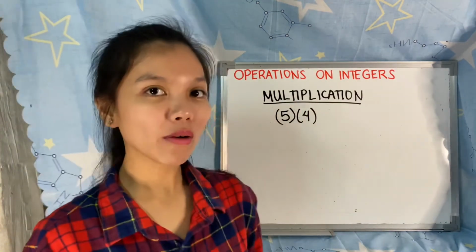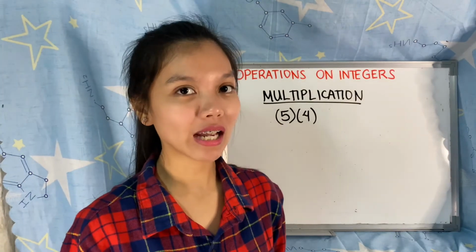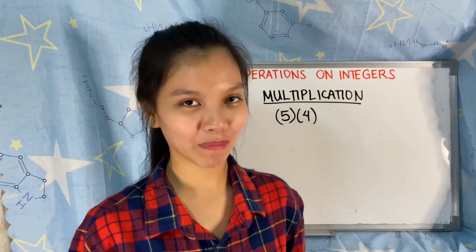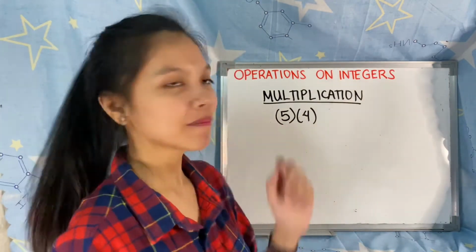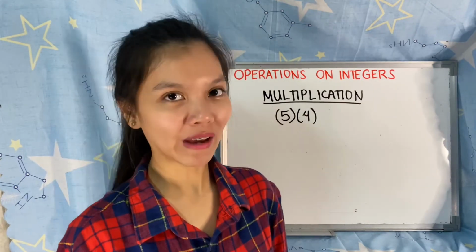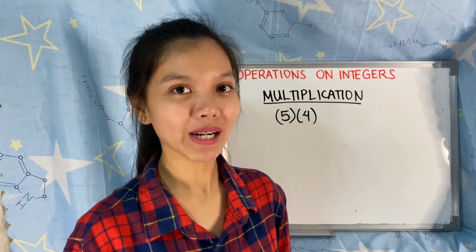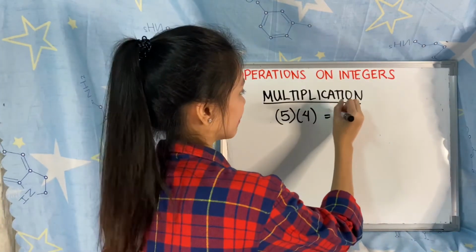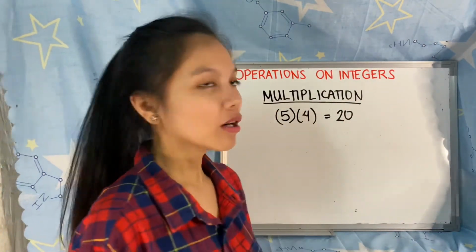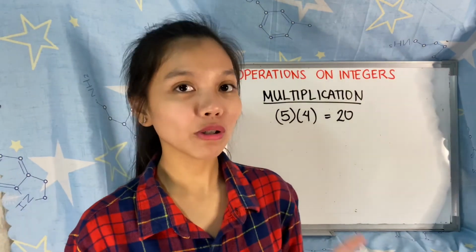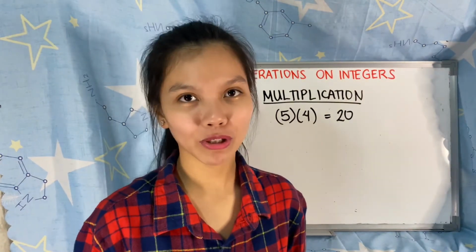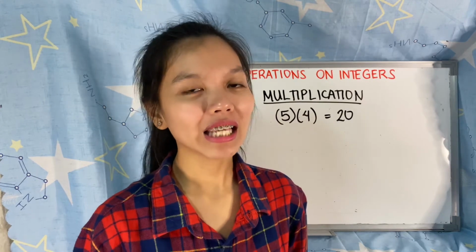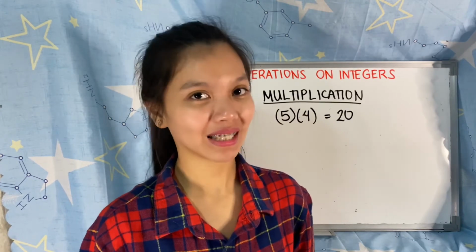So, we are just going to use parentheses as the symbol for our multiplication. So, we have positive 5 multiplied by positive 4. Simply, the answer is 20. Very good. So, if you are going to multiply two numbers with the same sign, the answer will always be positive.